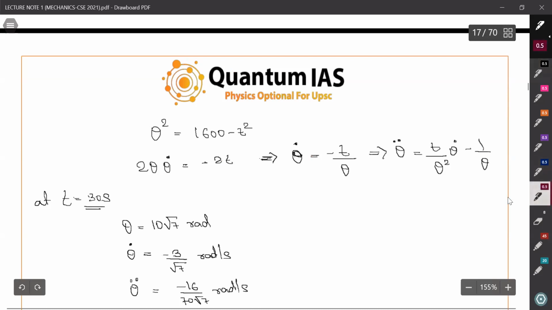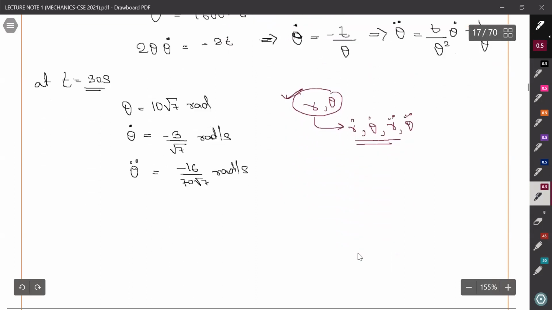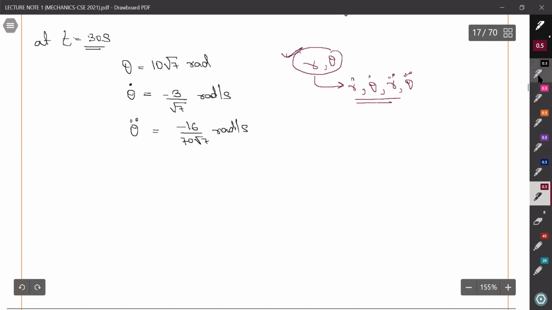The moral of the whole story is that we are given the functions of r and theta. If we are given the functions of r and theta, we can write theta, theta dot, r double dot, and theta double dot. If we are able to find these values, we only have to substitute these values in our velocity. So what is the velocity here?